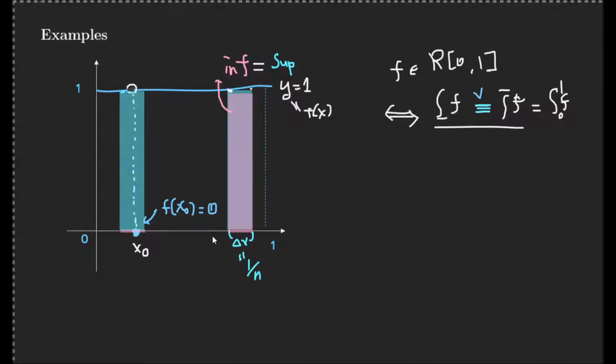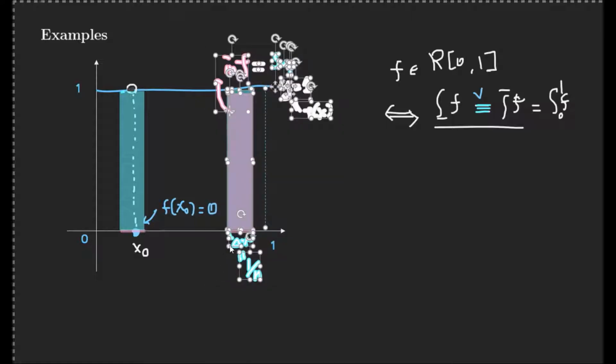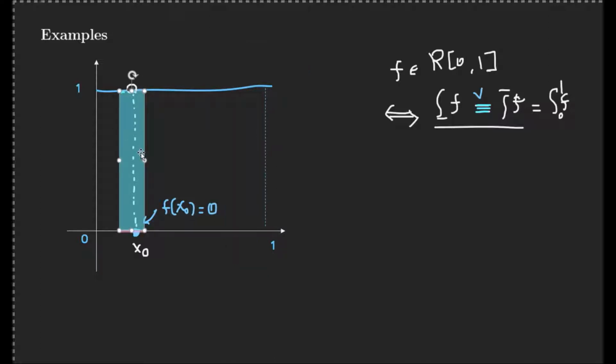Then let's repeatedly construct this discontinuous point like this. This is just one discontinuous point in this case. Then I pick another point x1 and similarly make this discontinuous point.